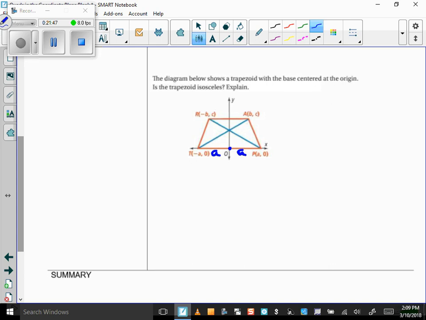I'm going to let you decide, using algebra and the other things that we've done in this lesson today, to decide if this trapezoid is isosceles. And I better see something written down on every single one's paper when I check your homework. So this one is for you to do. It's a good challenge problem. Can't wait to see how you come out with it.